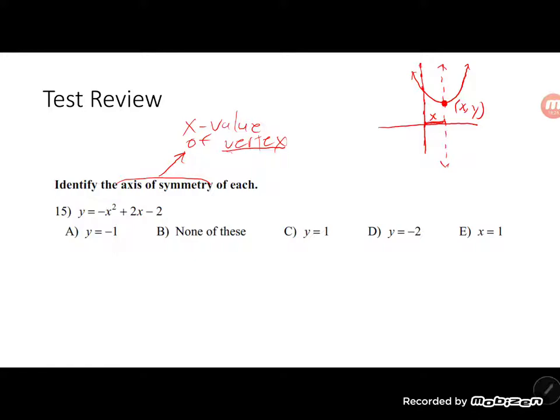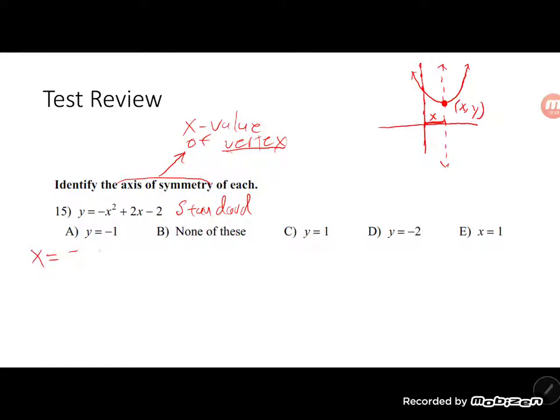So now I look at my equation and I recognize that this is in standard form. When I recognize that, some really big light bulbs go off in my head, because I remember that we have an equation to find the x value of the vertex for standard form.